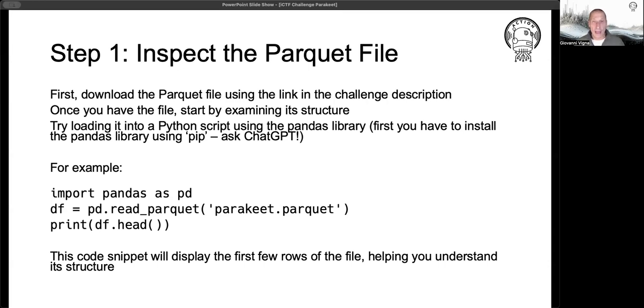When you have to analyze a file, trying to find a flag, first of all, you have to understand the structure of the file. And so you want to use programming tools to parse the file and understand its contents. In this particular case, we install pandas and pyarrow, and then we run in a file the code that you see in this slide.